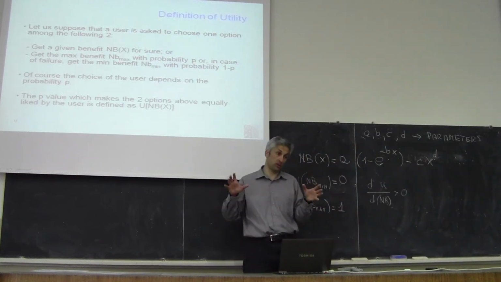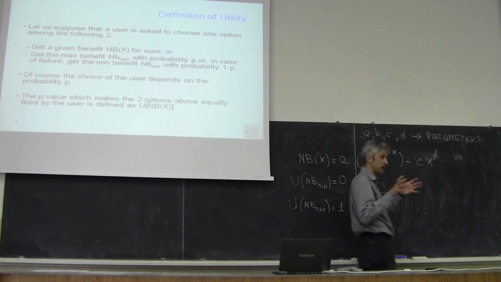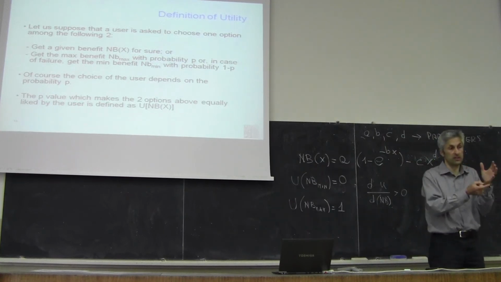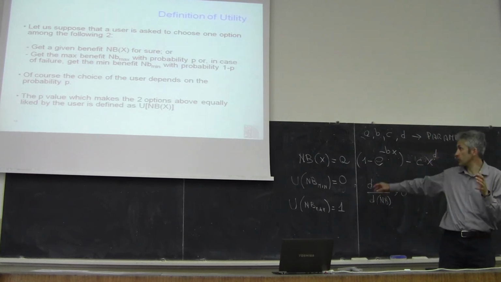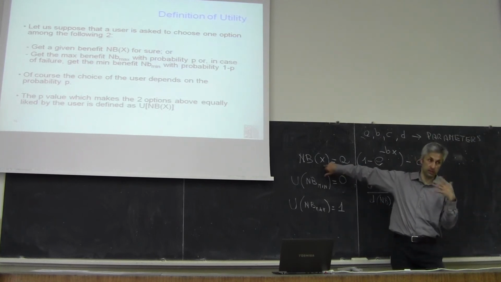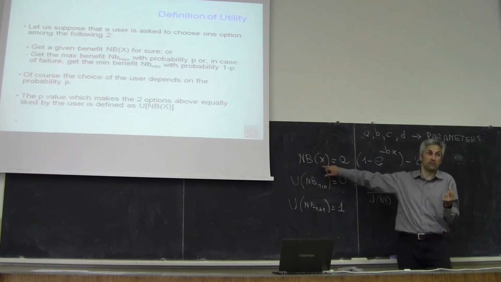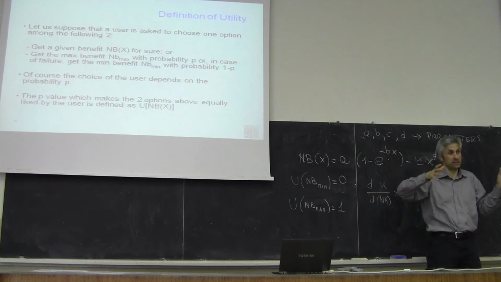Now, let's consider, because you know you have to assign utilities to any benefit, and this is a long process. So let's focus on just 5 solutions for X, because you get one benefit for each solution, and you have 3 benefit functions because you have 3 parameter vectors.